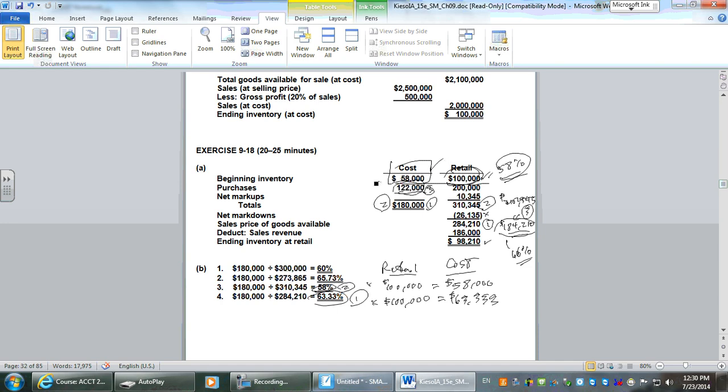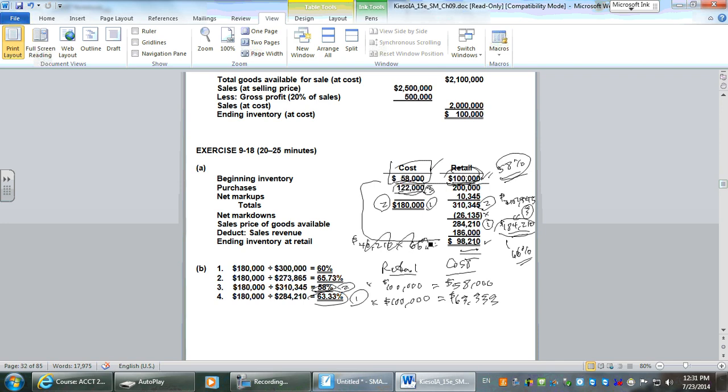I'd have a new layer of 40,210, at 66%. Wait a minute. Beginning was 100. They depleted their inventory. Never mind. It'd be the 98 less the 100.